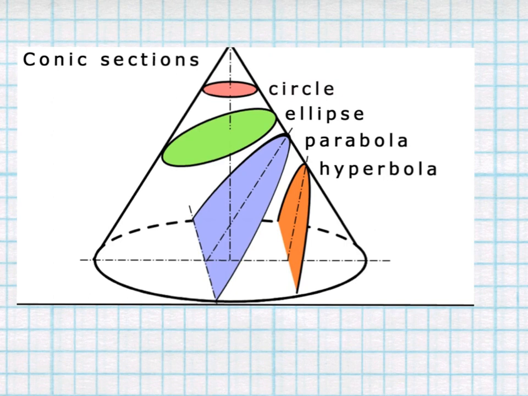Before we get into some more specific definitions, I just want to show you one more diagram kind of relating all of these to each other. So remember, the one thing though is this hyperbola. There's actually another part of it up above. So the hyperbola has two pieces to it. Everything else has just one piece.